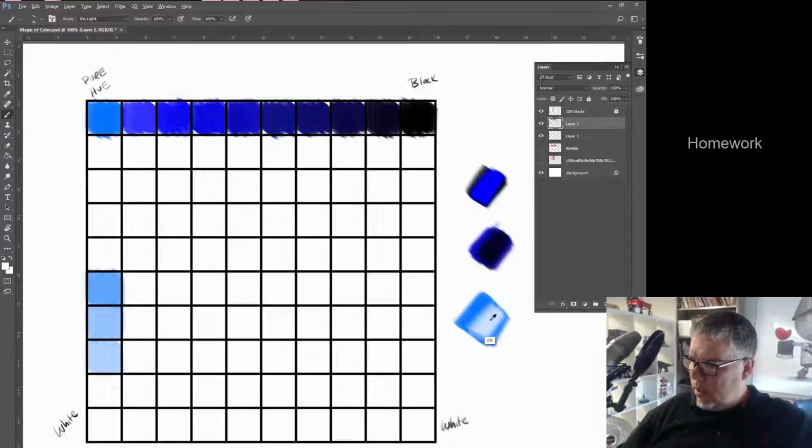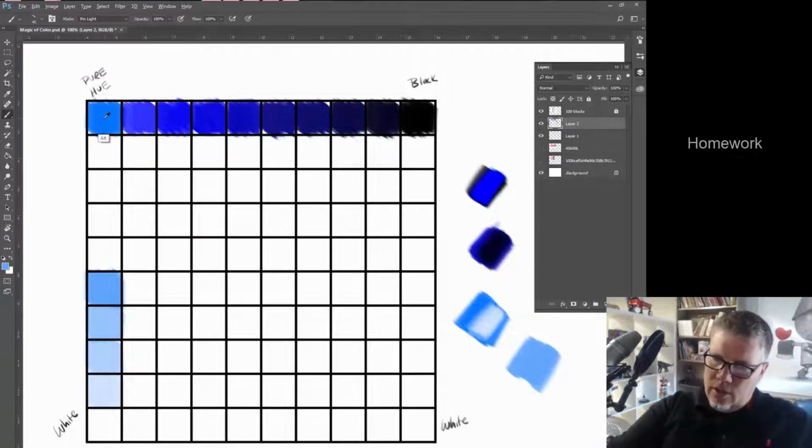So mix again, and there we go. And then I'm going to take this pure color again, or actually, nope, I'm going to match this middle color. And then I'm going to add this color back into it, this pure hue. And this one should be a little bit darker.